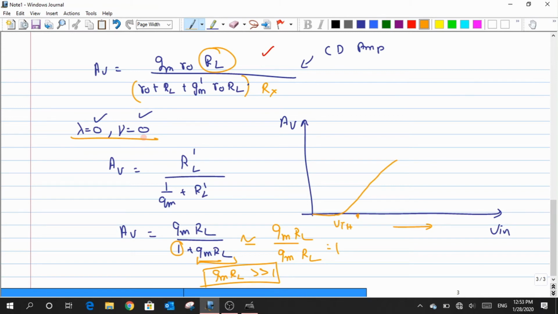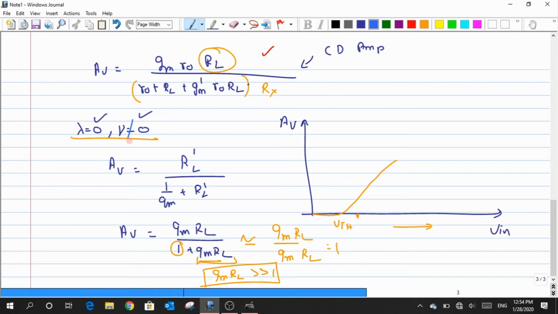Now what we do is that we will try to leave out one of the assumptions that we have made, that is, I will just try to bring in gamma not equal to 0. Now what happens to the formula? Will I get Gm prime out of this RL prime or out of this Gm itself?